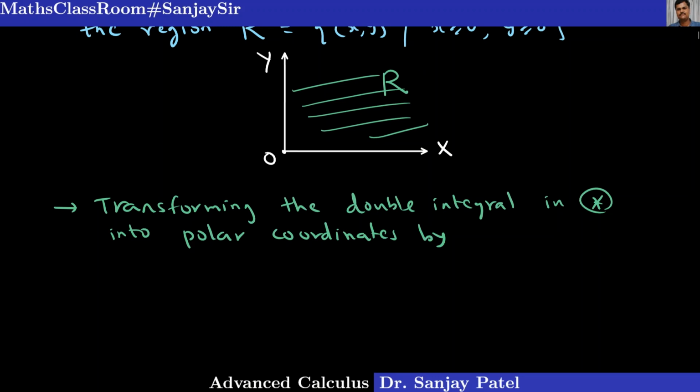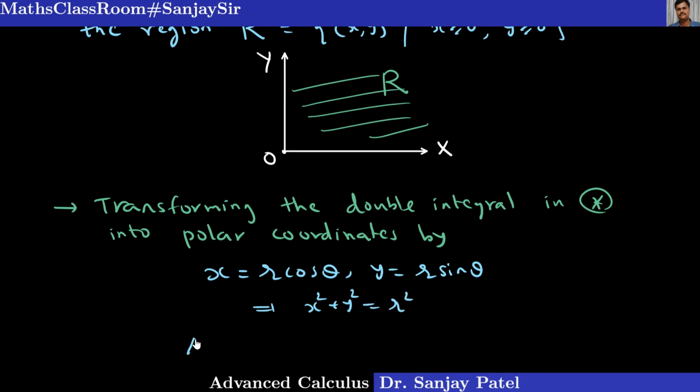So I am taking x is equal to r cos theta and y is equal to r sin theta. Okay, and also, if this is the relationship, then x square plus y square is equal to r square. And also when you change the variables from Cartesian to polar, the differential in the double integral dx into dy is replaced by r into dr d theta.